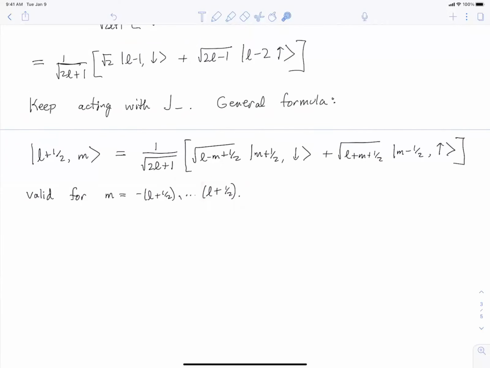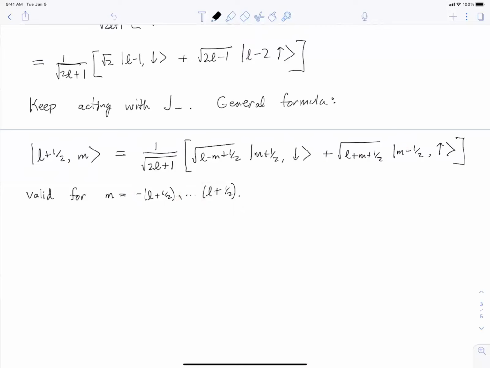That was the largest possible value it could have, and then we kept acting, moving that direction. And when we get to m equals minus L plus 1/2, then when you plug that in, this term actually vanishes and goes away. And then this term turns into the lowest possible state that has this value of L plus 1/2.